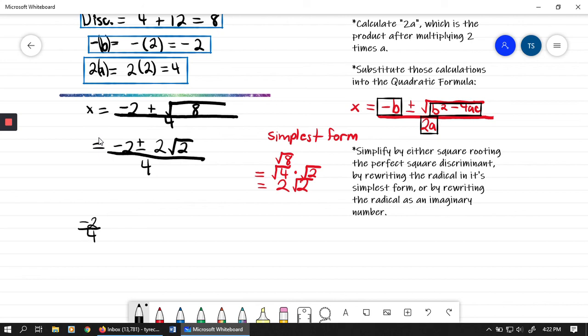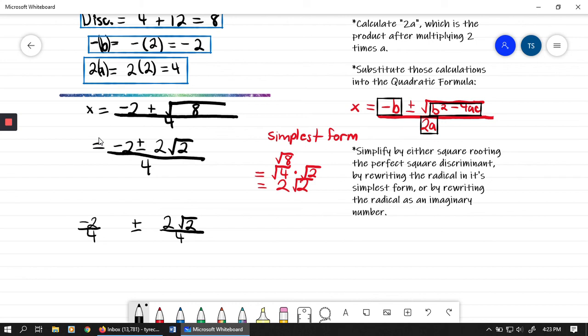So that's what we're going to do here. We're going to write this first fraction, -2 over 4. And the second fraction, plus or minus, is going to be 2 times the square root of 2 over 4. So again, we can split this into 2 separate fractions because we have multiple terms at the top, and we only have 1 term at the bottom, which is a constant term.